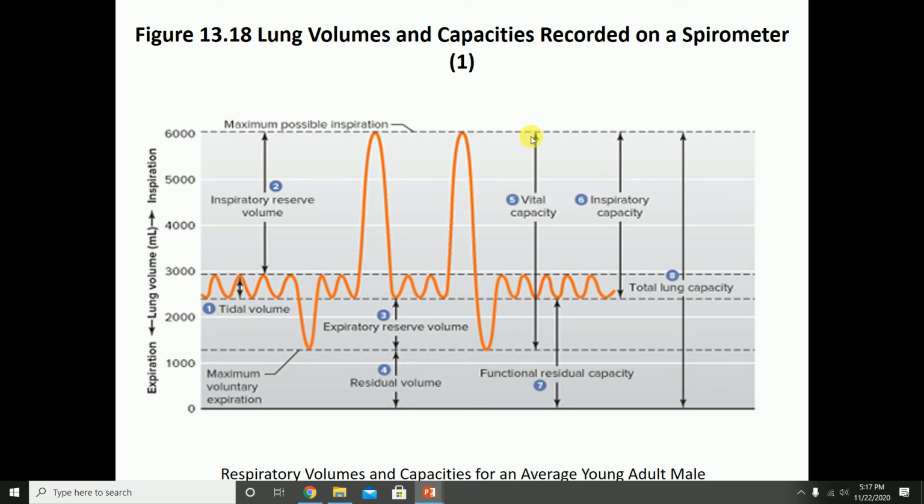All three of those volumes together make the vital capacity. And the vital capacity is one of, if not the most important of all of these capacities that we use in order to diagnose diseases and check on the progress of diseases.